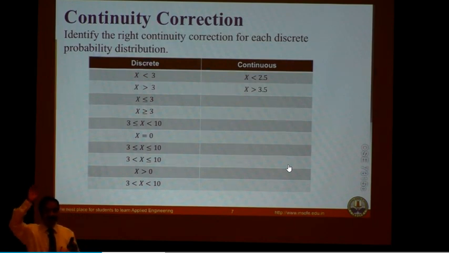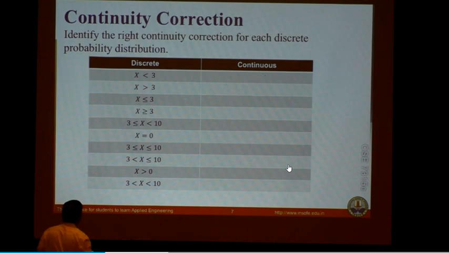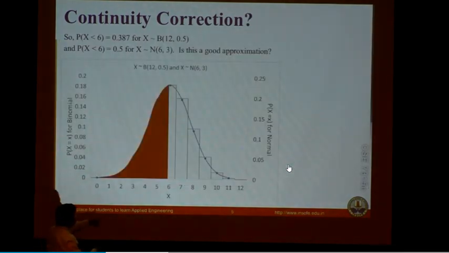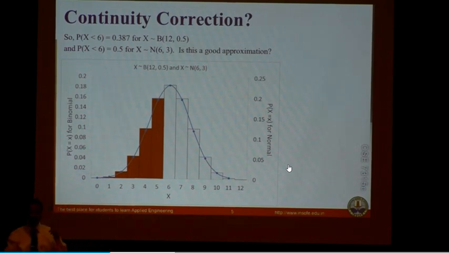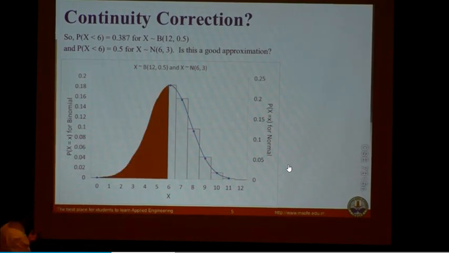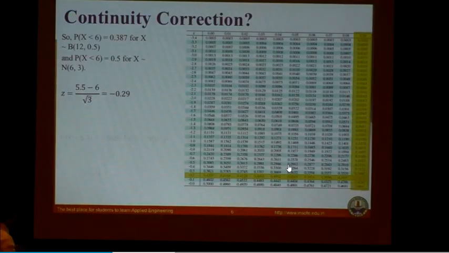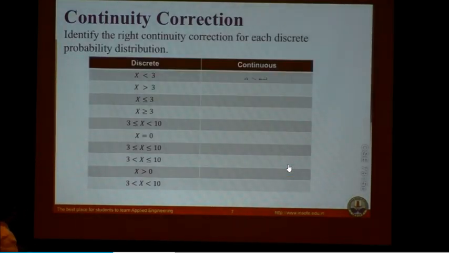If you just say x is equal to 3, in a discrete it is going only from 2.5 up to 3.5. X less than or equal to 3 means 3 is included; 3 ends at 3.5. Getting a feel for it? Equal to has no meaning in continuous, so whether you write it or not, it doesn't matter. So 3.5.